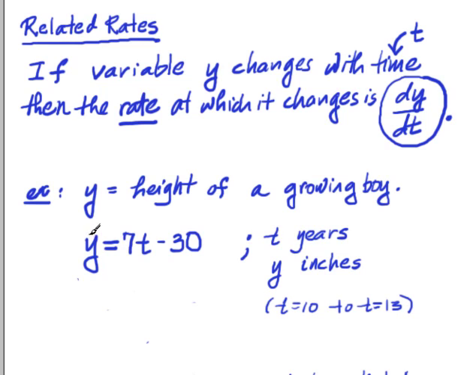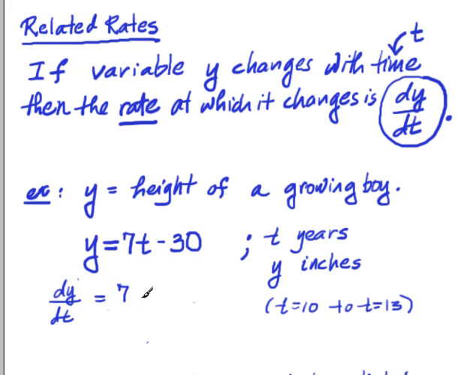Okay, so this is sort of a growth function. And if we want to know at what rate this boy is growing, we would just differentiate this equation with respect to t. So dy/dt is equal to 7. All right, that's the derivative of the right-hand side.